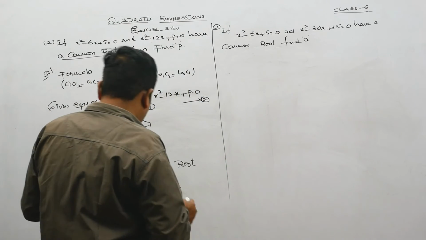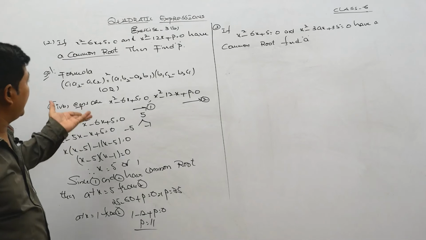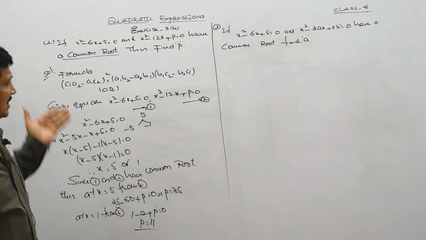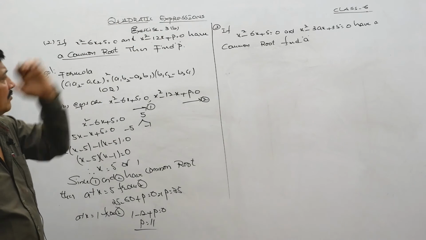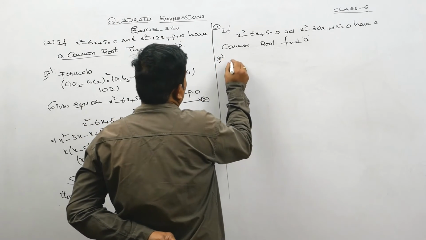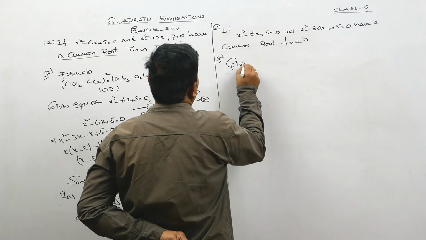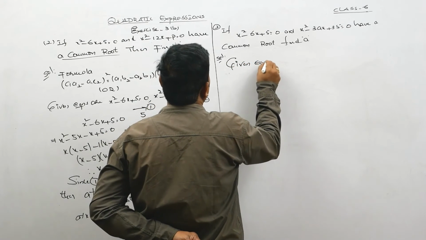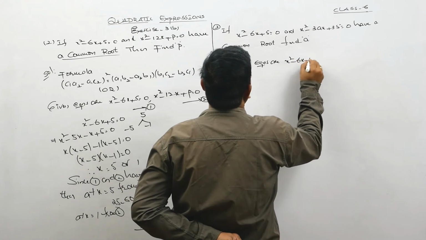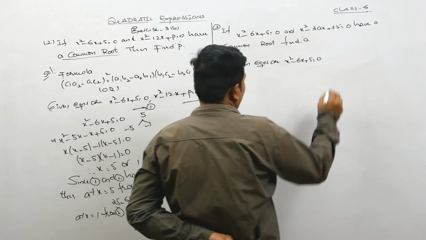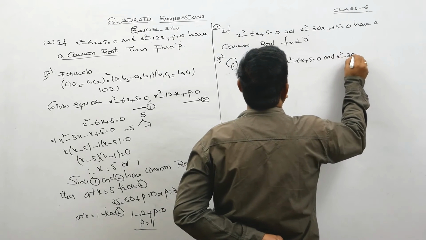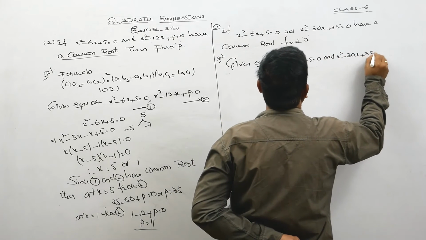Okay, a similar question which is on the board, you can see, and again you can do this one using that formula, and we can do it in the same manner. So solution, given equations are x square minus 6x plus 5 is equal to 0, and x square minus 3ax plus 35 is equal to 0.